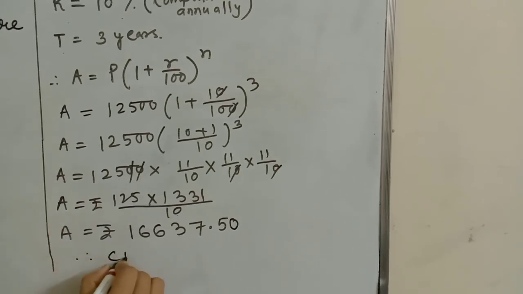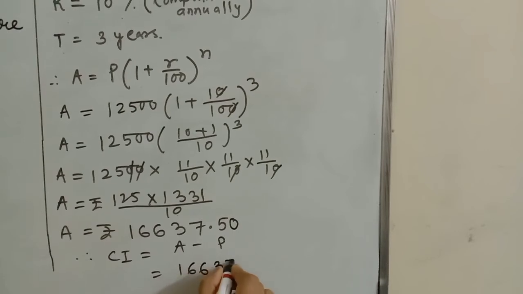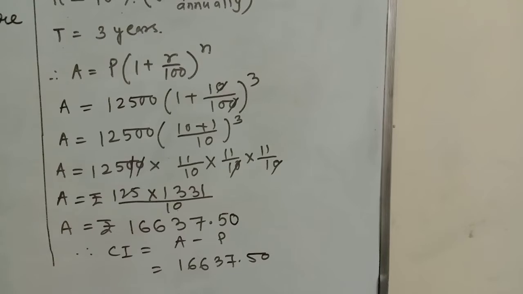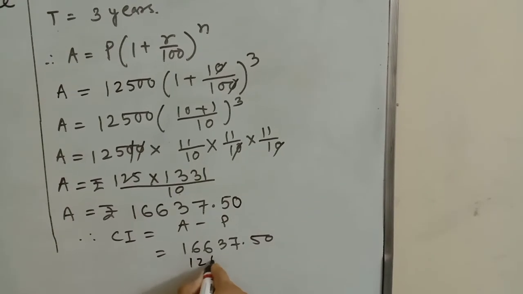Therefore, compound interest is equal to amount minus principal. So what is the amount? 16,637.50 minus 12,500.